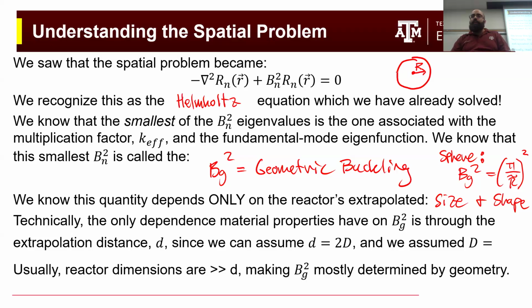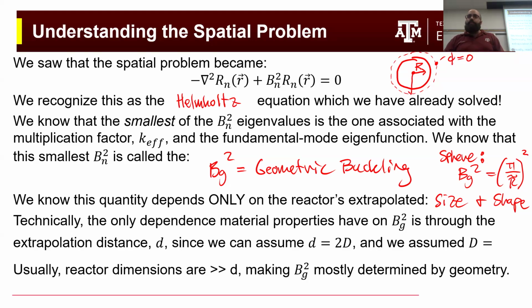So we're not saying that the flux goes to zero right at the boundary. The extrapolated boundary is like an imaginary boundary around the geometry where we assume that the flux does go to zero. So here is where the flux goes to zero.